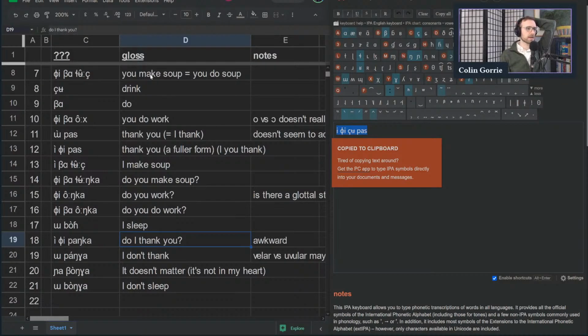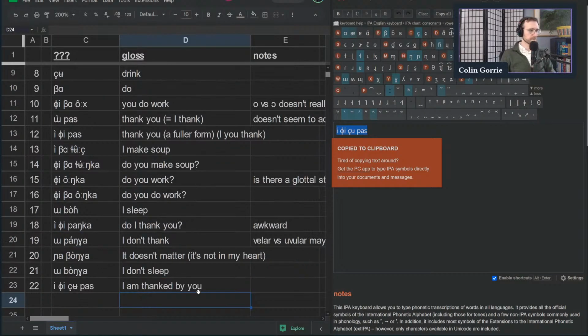I think, yeah, so wait, hold on. Let me just check something. Yeah, so shu means receive. So there's a difference between he and he.